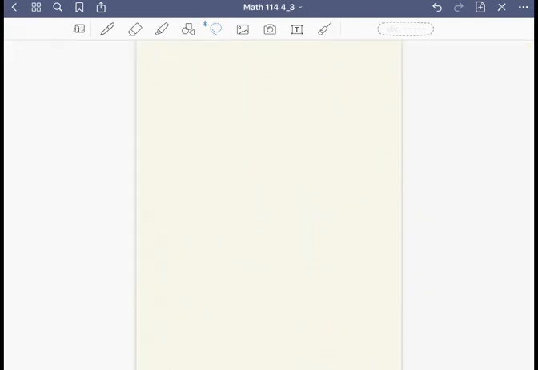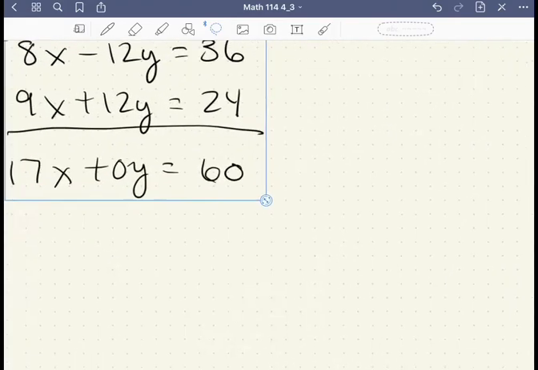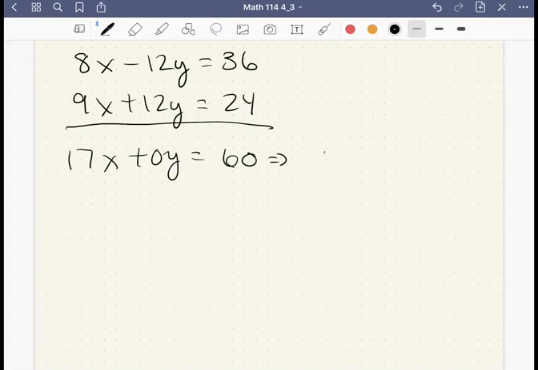So therefore I have 17x is equal to 60. Divide by 17 on both sides. So I have that x is equal to 60 over 17.